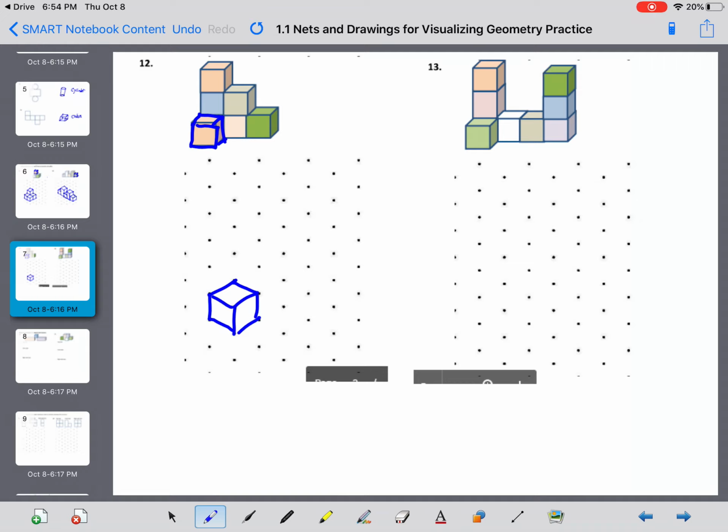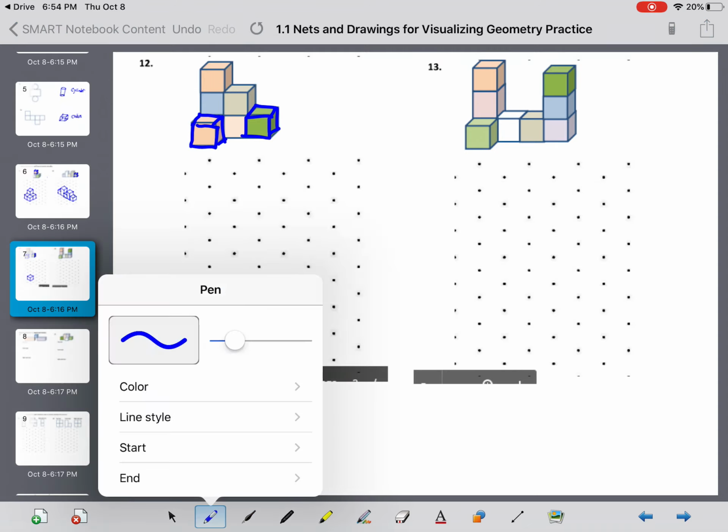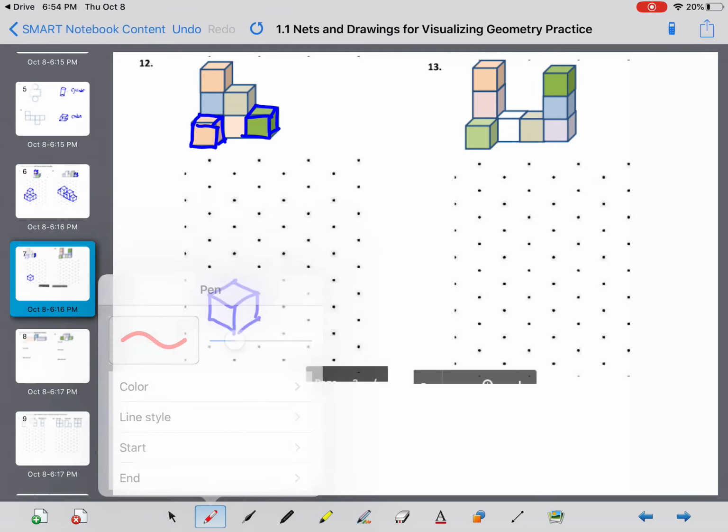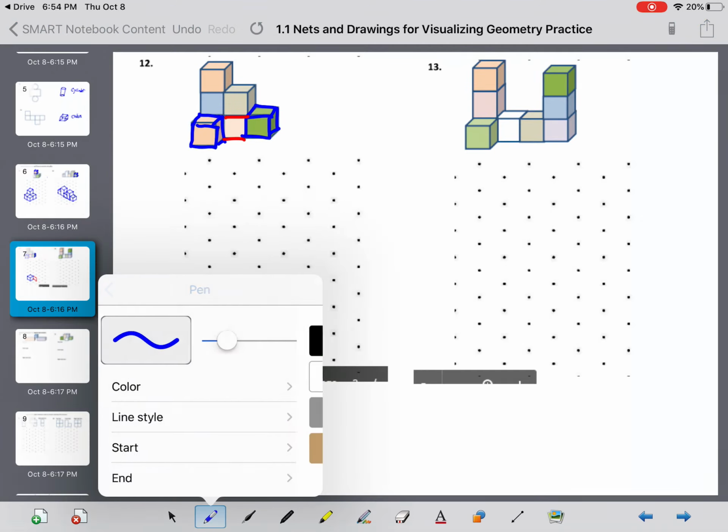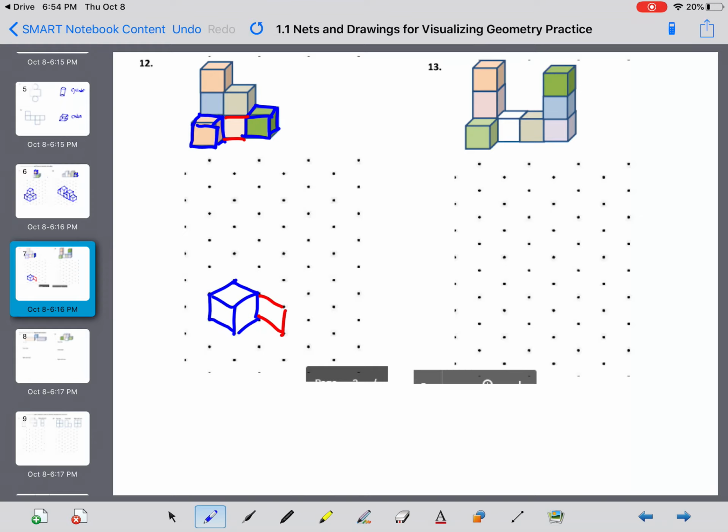Now, what we need to do is get to the next cube that we're going to be able to draw, which would be this one. Okay, so I need to come across. Let's see if I can change the color up. I need to come across here. Okay, and then I could draw my next cube, which is the one we were trying to get to.